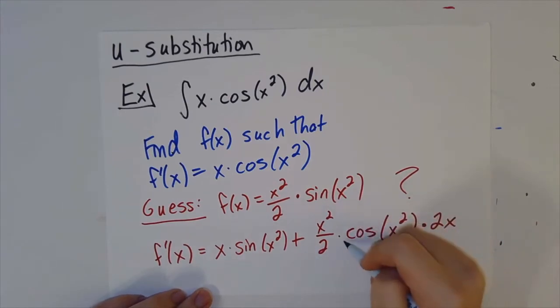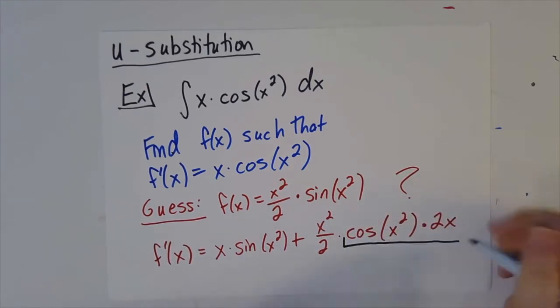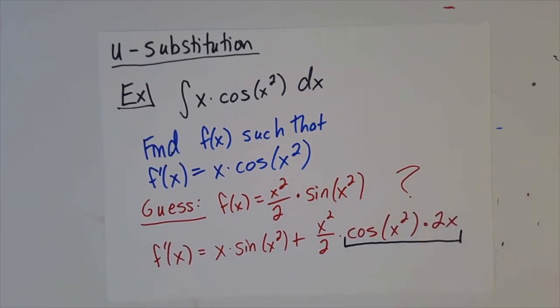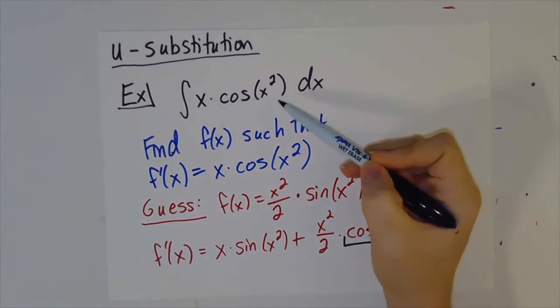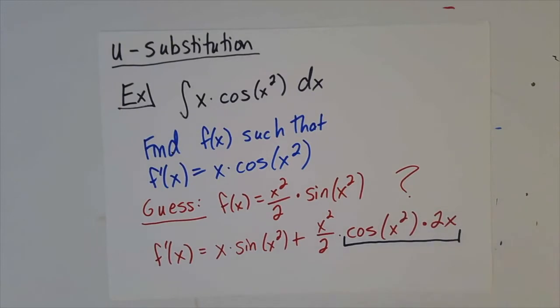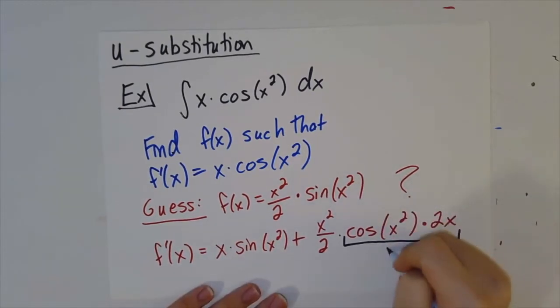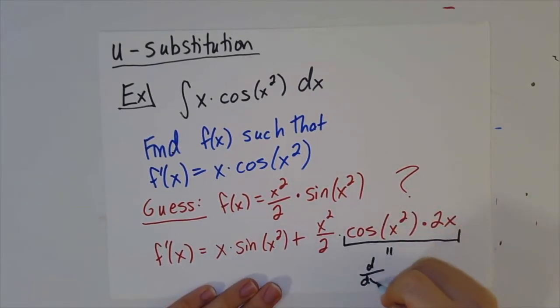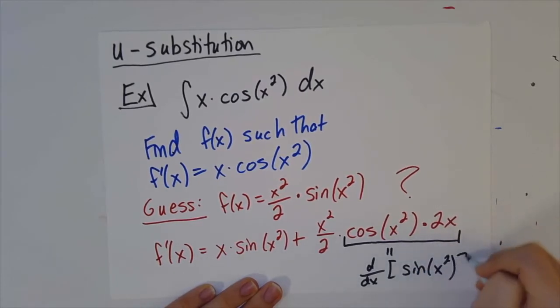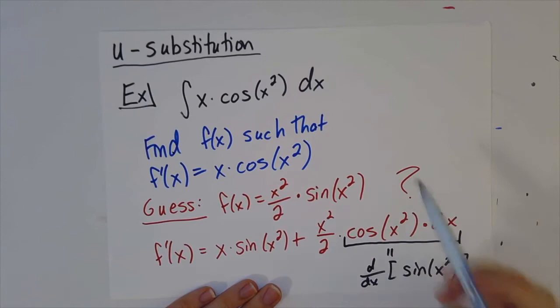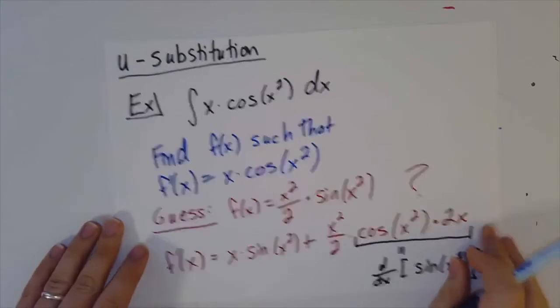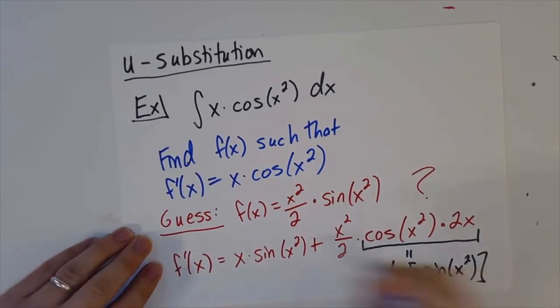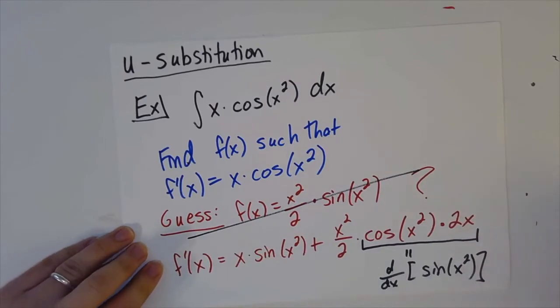But actually, if you look at just this piece, that actually looks an awful lot like the thing that we wanted. And how did we get that piece? Well, this piece is the derivative of sine of x squared. This was the second piece of the product rule. So this guess was wrong, but we can make another guess.